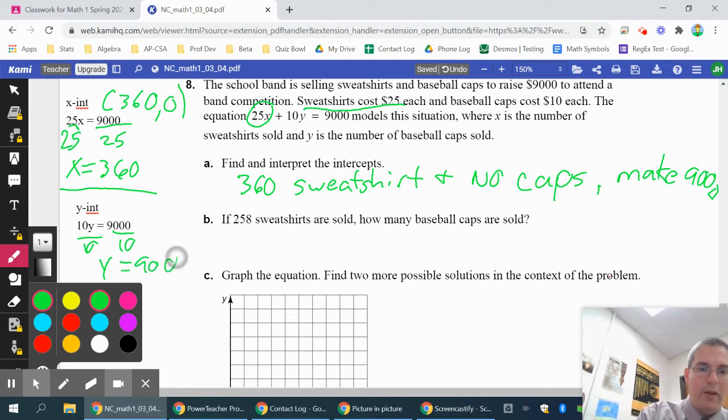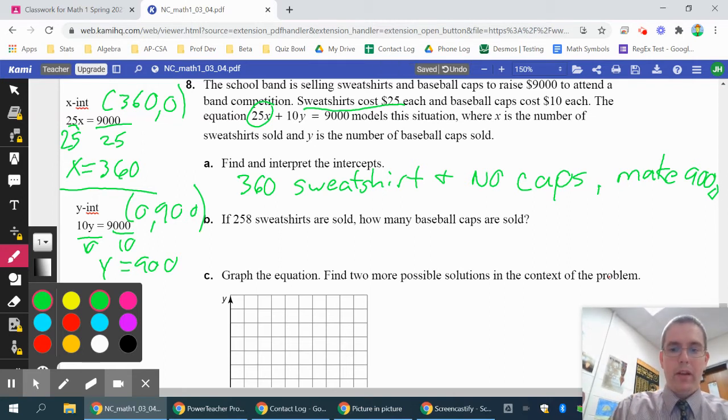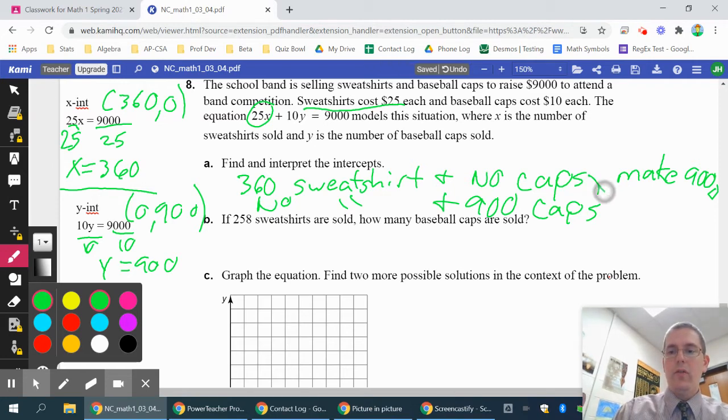That means a y-intercept of (0, 900), which means another way you can make your goal is by selling no sweatshirts and 900 caps. So if I have no sweatshirts and 900 caps, I also make $9,000. So two different ways to make $9,000 there.